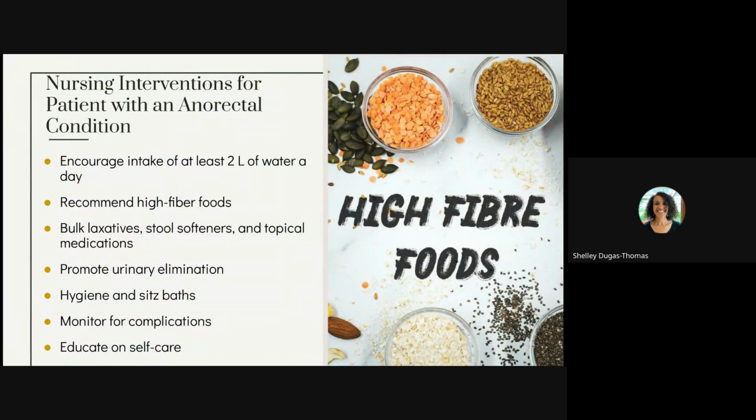Encourage fluid intake of at least 2 liters per day and high fiber foods. Administer bulk laxatives, stool softeners, and topical medications as indicated. Promote urinary elimination. Maintain hygiene and recommend a sitz bath. Monitor for complications. Educate the patient on self care and preventive measures.